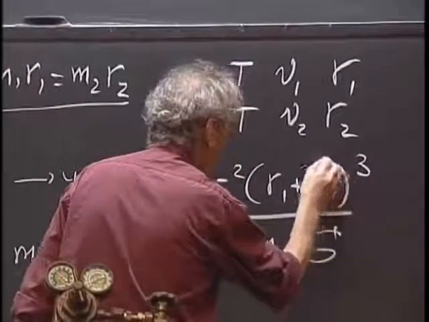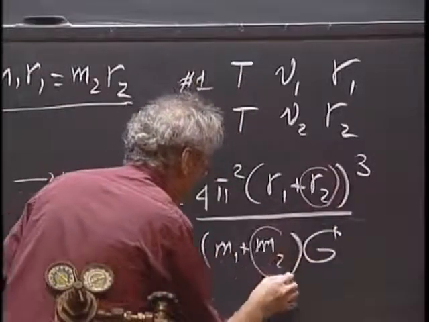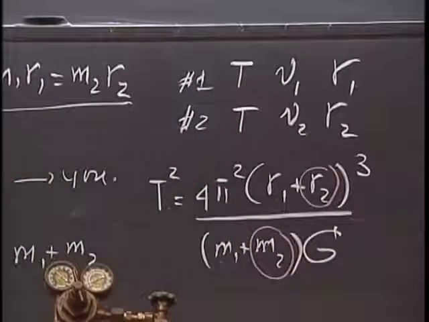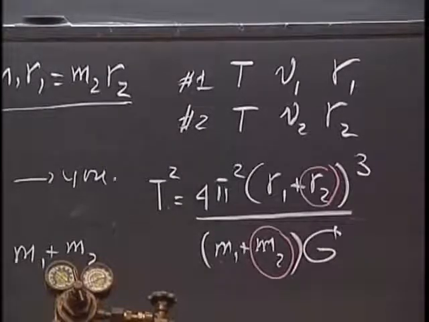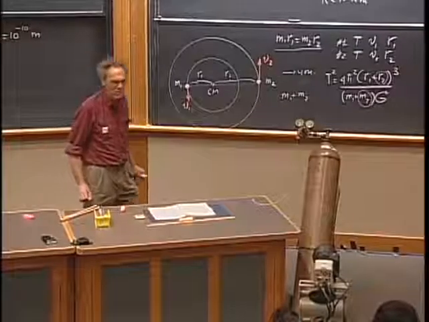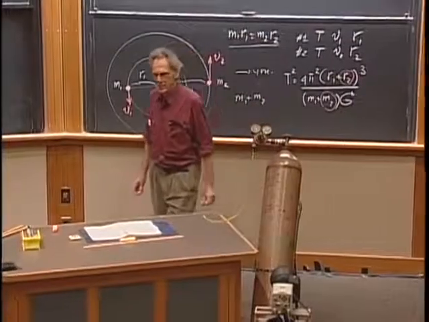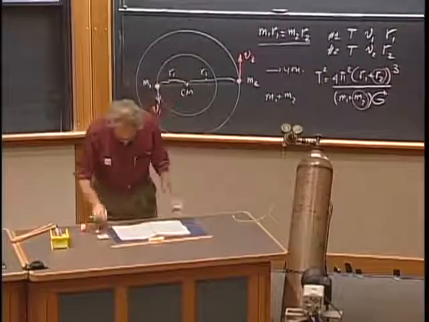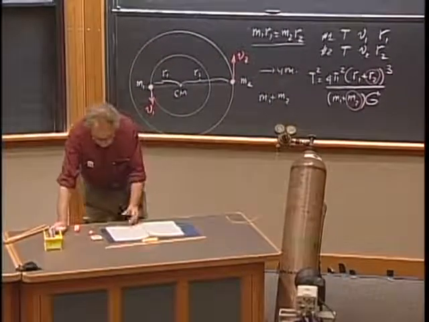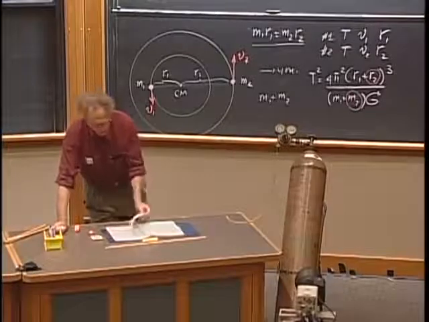So you don't know this one, and you don't know that one. But you do know that M1 times R1 is M2 times R2. So you have 2 equations with 2 unknowns, and you can solve for M2 and you can solve for R2. And so now you will find the mass of the accretor. Immensely powerful.